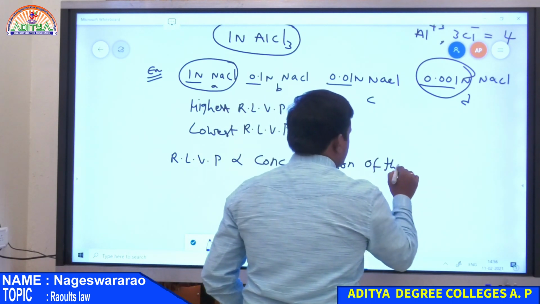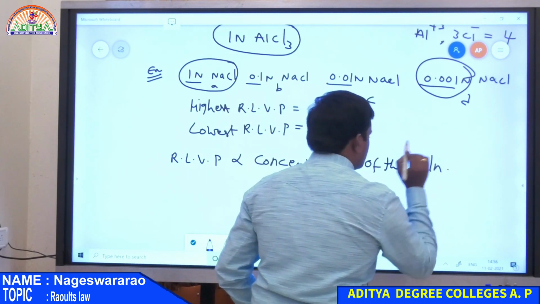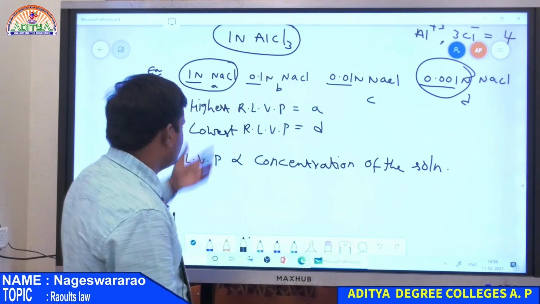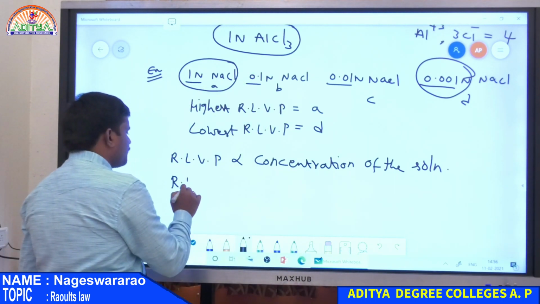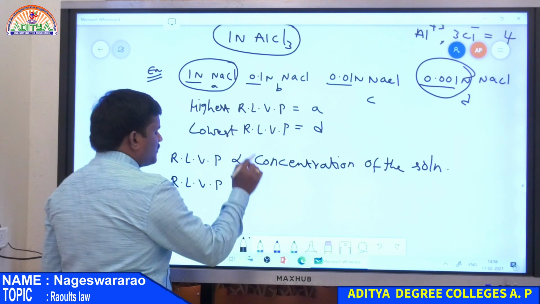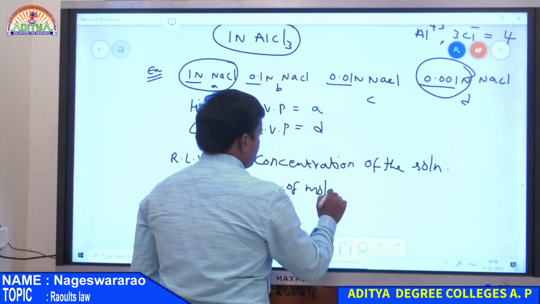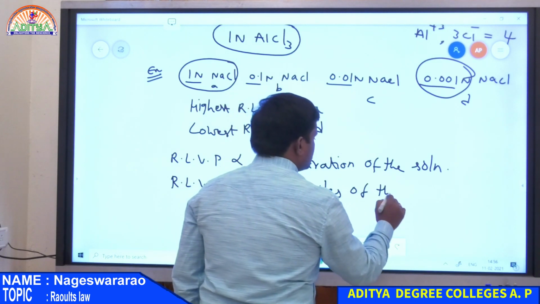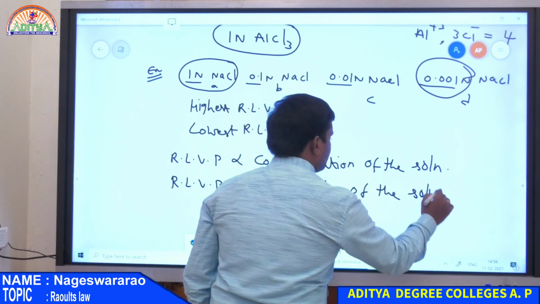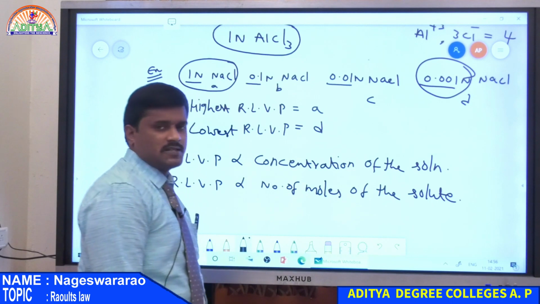From the first example, RLVP is directly proportional to the number of moles of the solute.